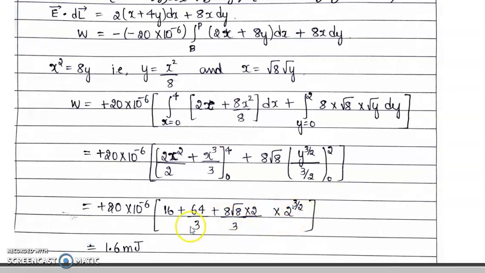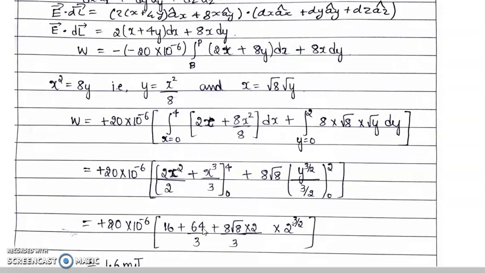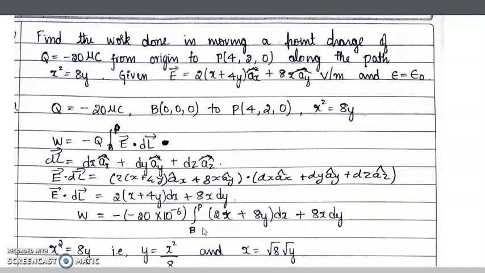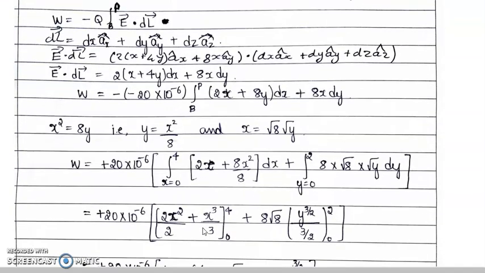If you simplify this, the work done to transfer the charge from origin to point P is 1.6 millijoules. So this is the work done to move a charge from the origin to point P: 1.6 millijoules.